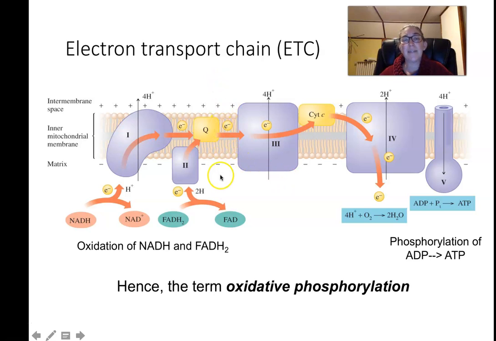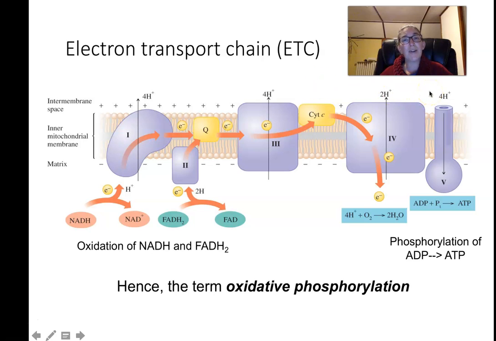So you're setting up this difference in charge, but also in chemicals, because the hydrogen is now concentrated on this side of the membrane. And when you have a high concentration of any substance, it wants to diffuse, right? It wants to move down its concentration gradient. That's passive. And it can do so. So all of these other parts of the membrane block hydrogen ions from moving through.